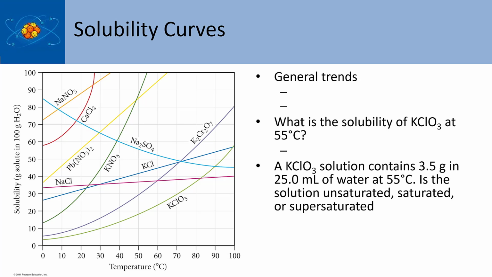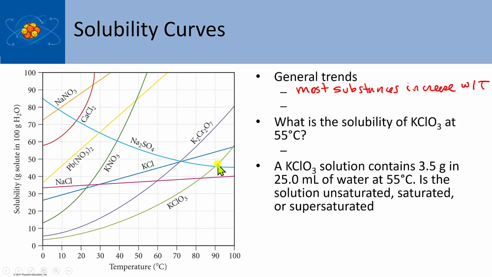You'll notice these are done as grams of solute in 100 grams of water. So what are the general trends that you see? Well, most substances increase, meaning their solubilities increase with temperature.